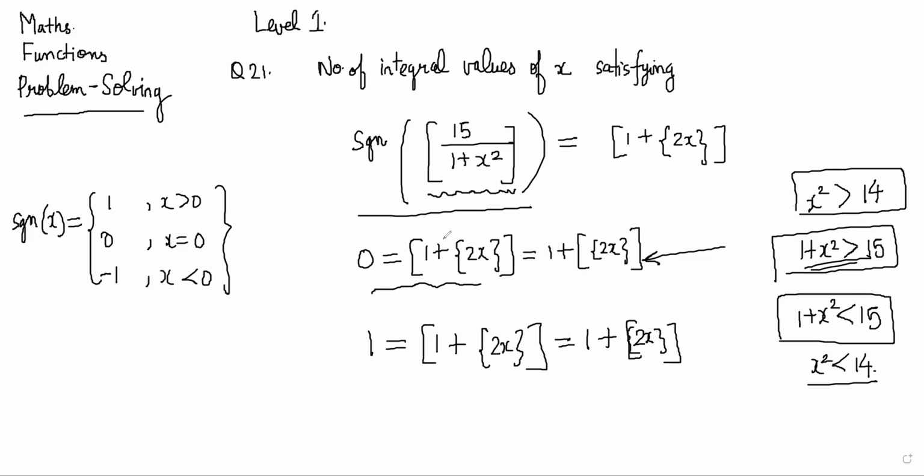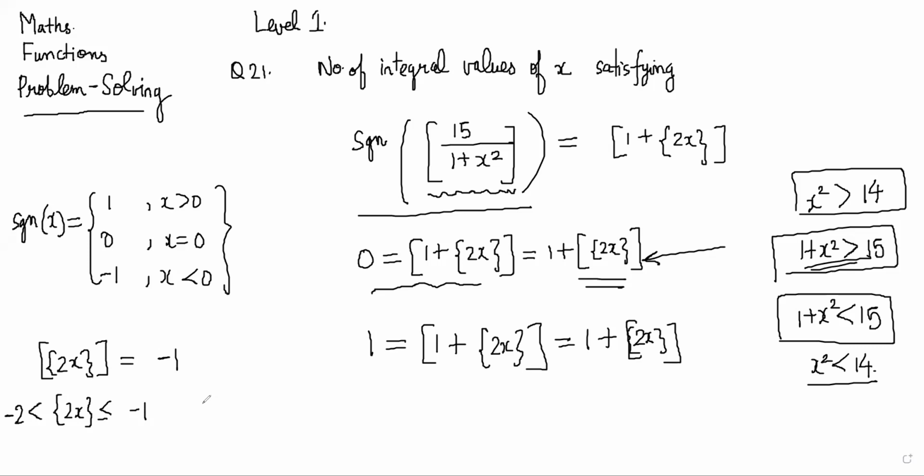Fine. So you have to think of situations where this thing is -1, that is, GIF of 2x is equal to -1. So that means this fractional part should be between -2 and -1, right?